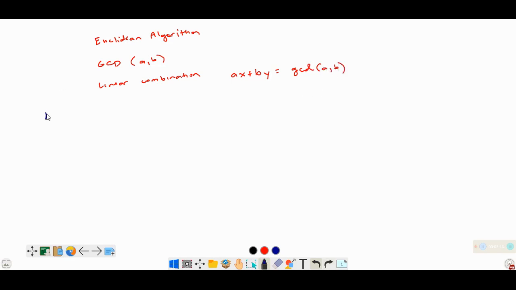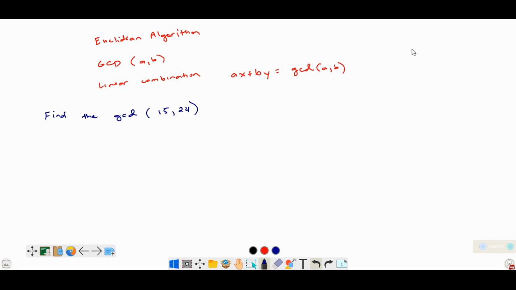Okay, so let's find the GCD of 15 and 24. How are we going to find the GCD of 15 and 24 using the Euclidean algorithm?